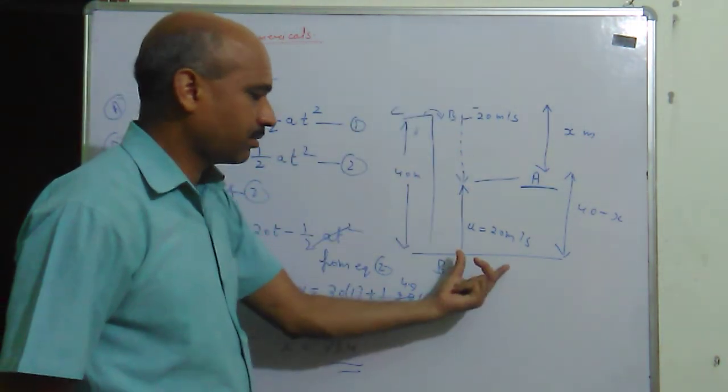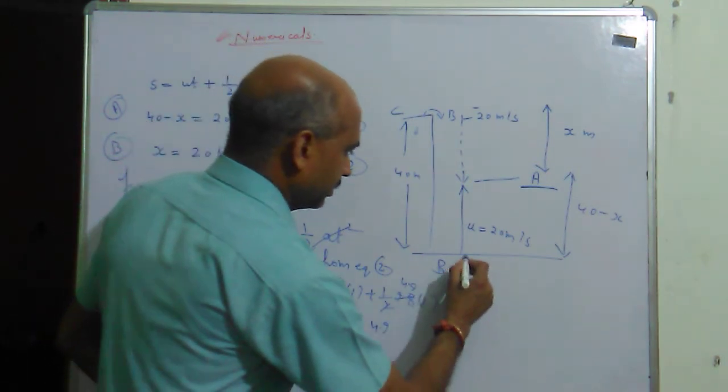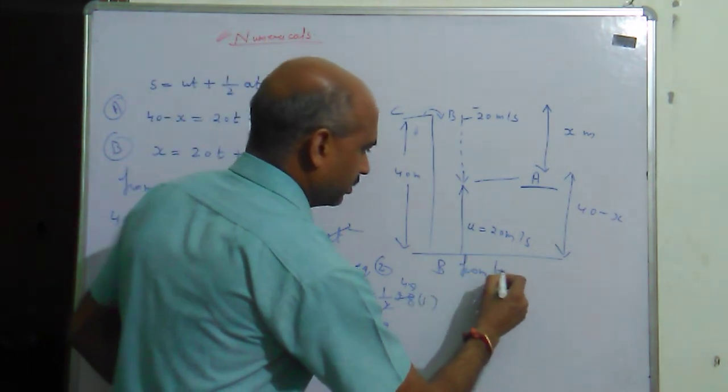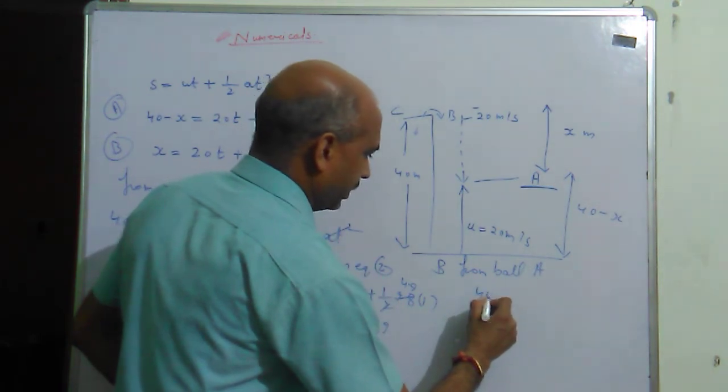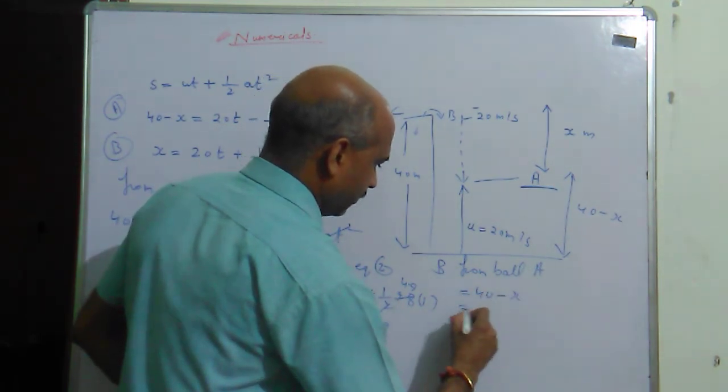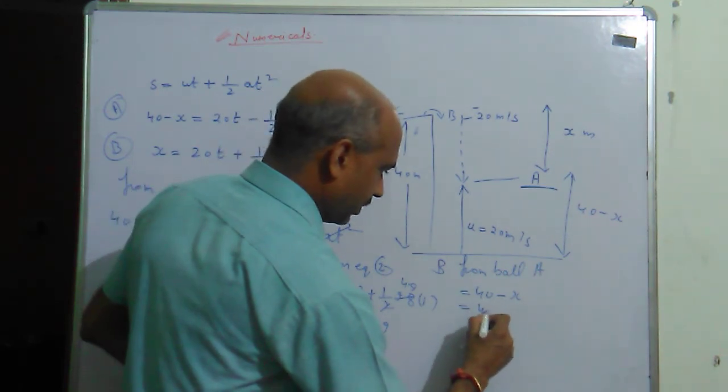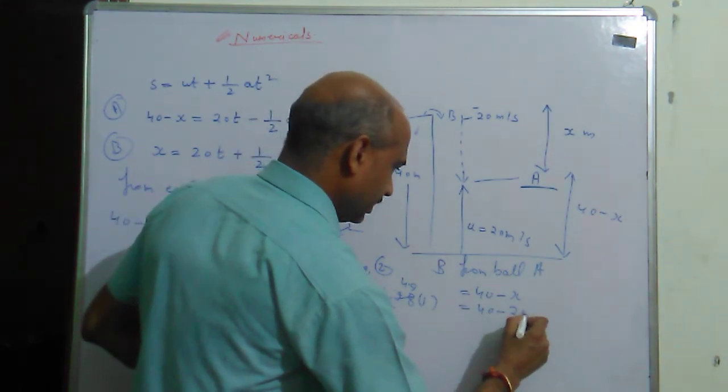अगर इसको निकालना from यहाँ से, so that means from ball A we can say it will be 40 minus x. So 40 minus 29.4.